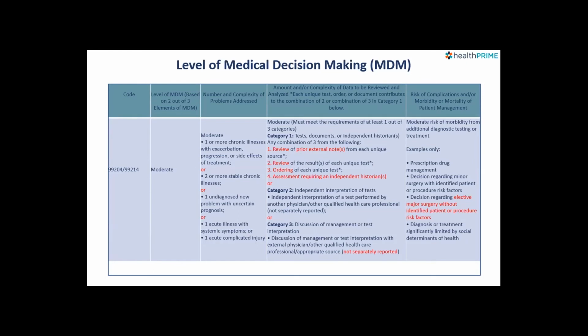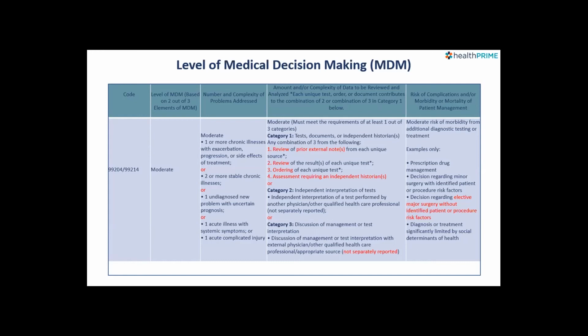The major difference for level 4 is again in documenting the amount and complexity of the data to be reviewed and analyzed. So for level 4, that is the moderate amount of documentation requirement, we can see 3 categories now. The first category says test, documents, or independent historian.